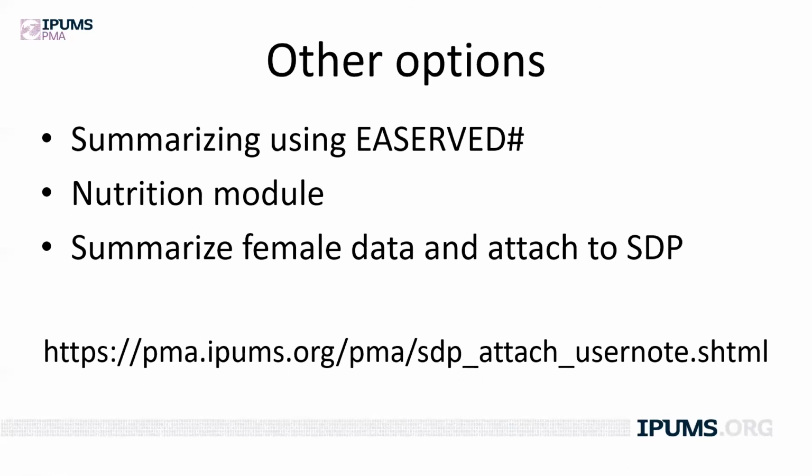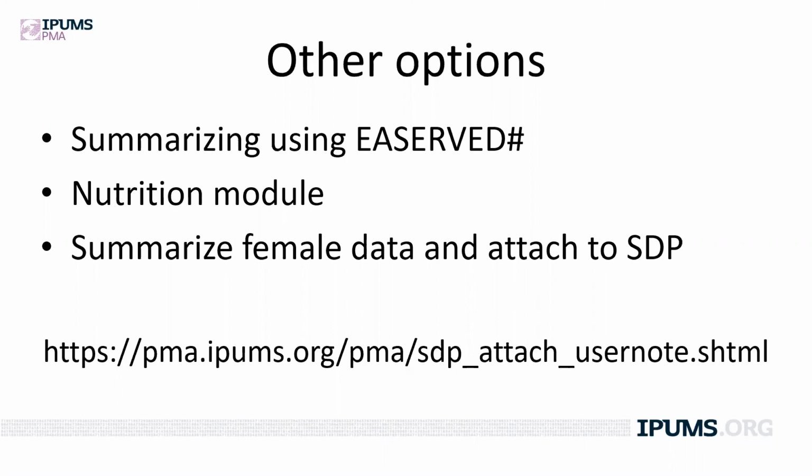Another option for what you could do with these data is there's some really extensive data collection in the nutrition module, both at the person level and the STP level. You don't just have to use the family planning data.